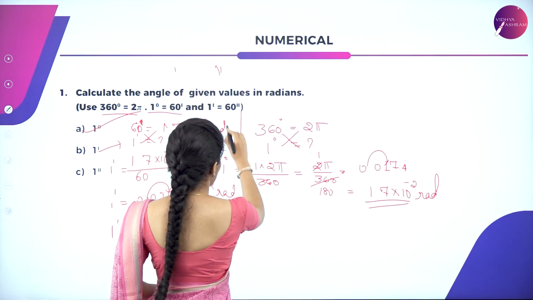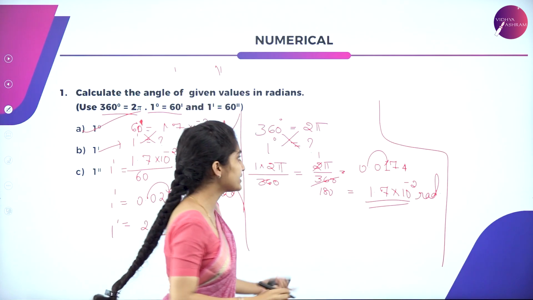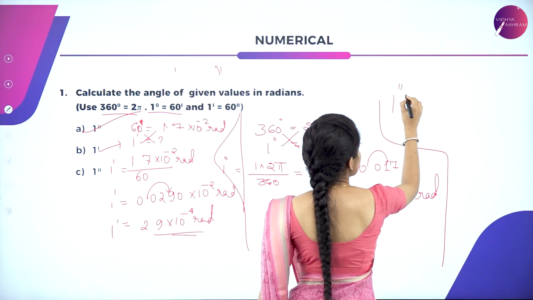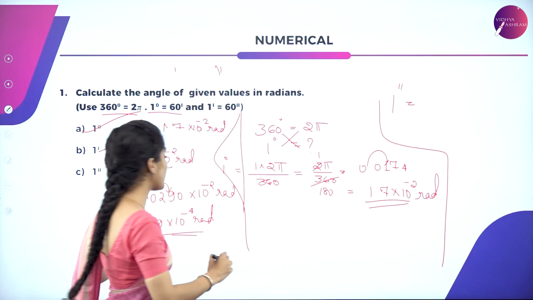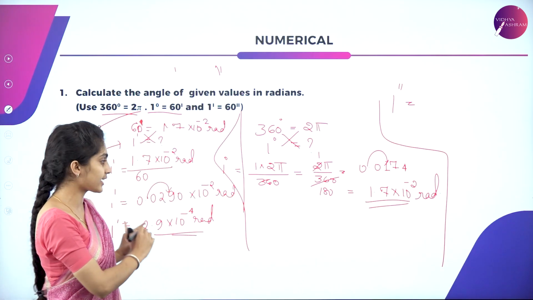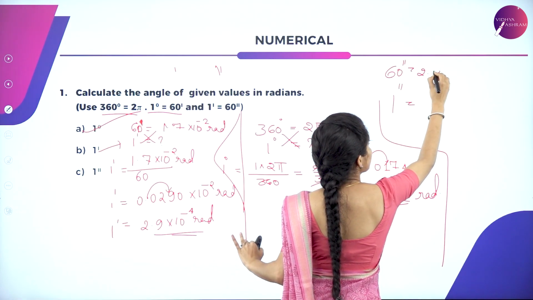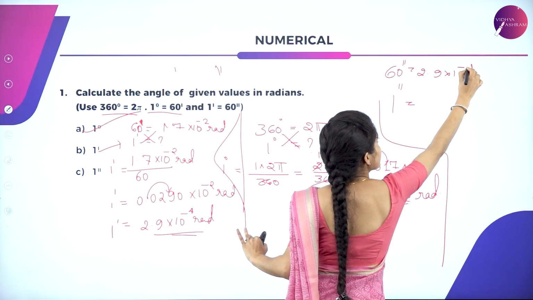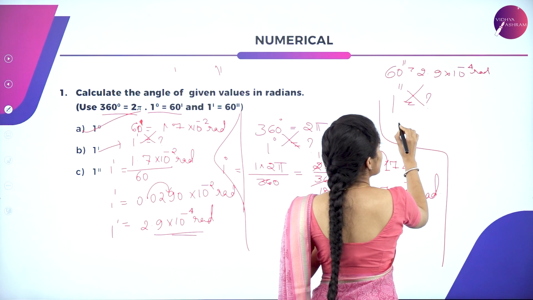So calculating 1 second. You have got 1 minute is 60 seconds. So this 1 minute can also be written as 60 seconds. So 60 seconds is given as 2.9 into 10 raised to -4 radians. So what is 1 second? So again cross multiplication.